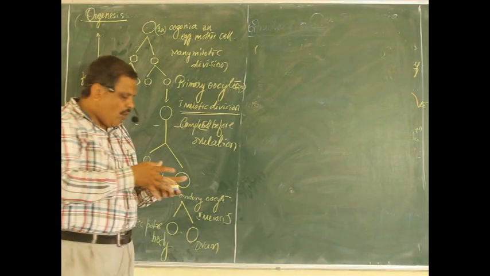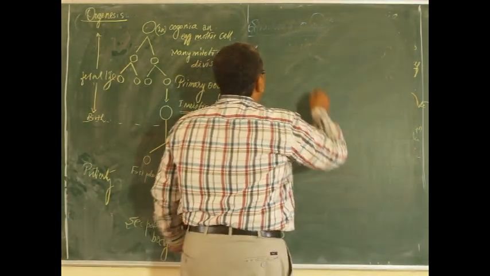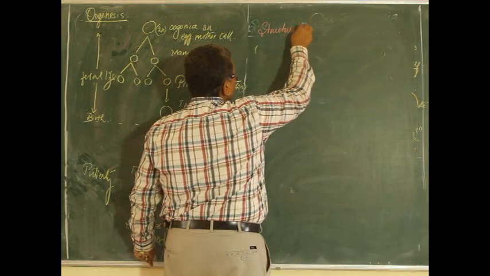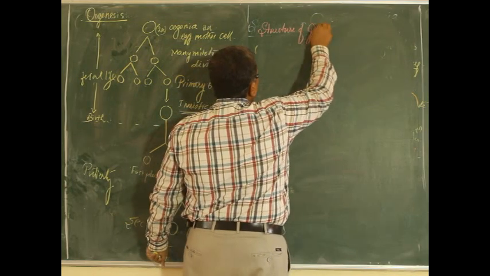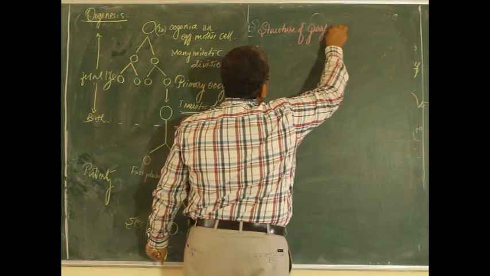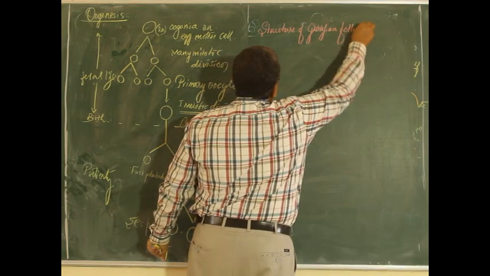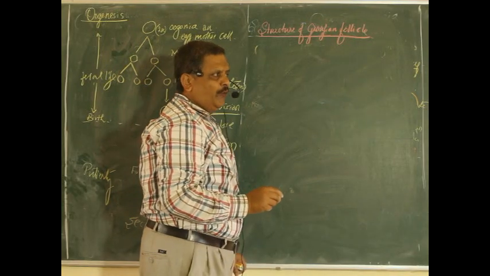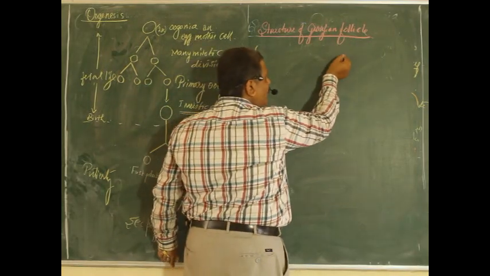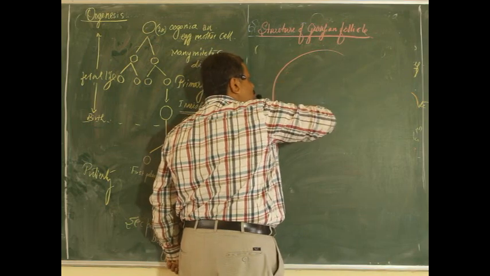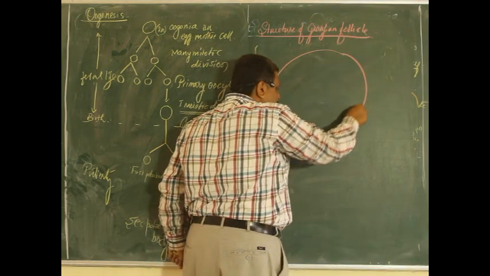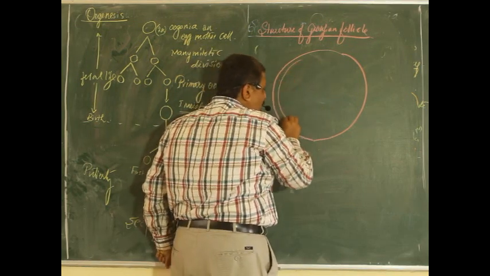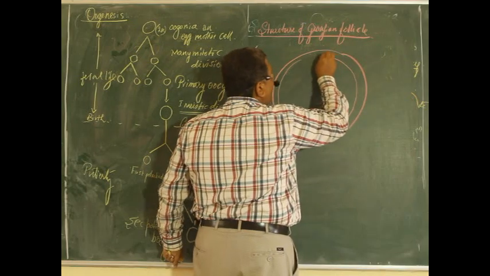So, structure of Graafian follicle. Dear students, the matured ovarian follicle is called Graafian follicle. The outermost layer of the Graafian follicle is called theca externa.